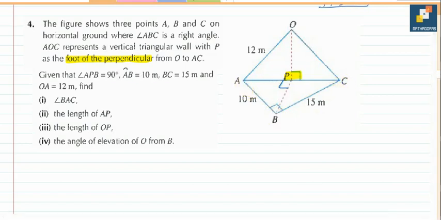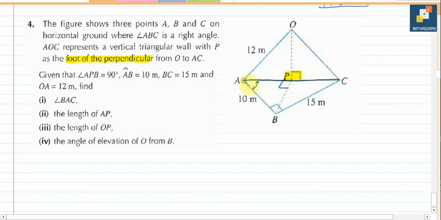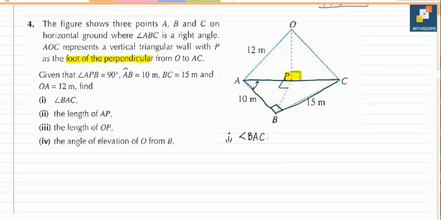So let's consider the triangle BAC. If you consider this triangle here, it's a right angle triangle. So we are doing part 1 here, angle BAC. It's a right angle triangle, right? That means we have the value of opposite and the value of adjacent.